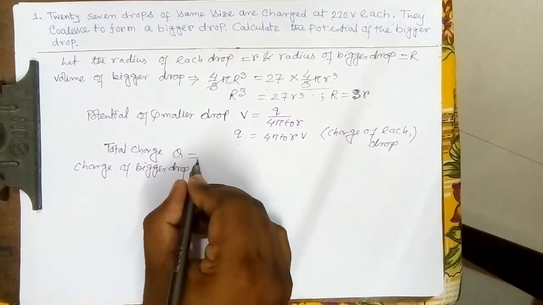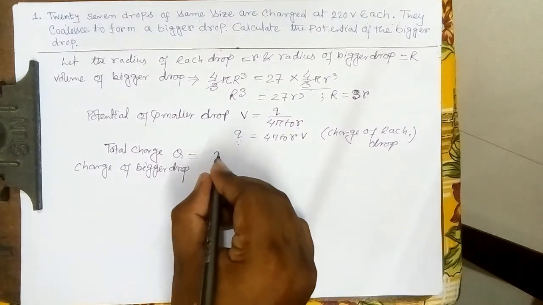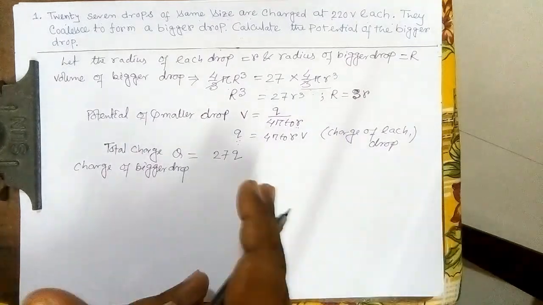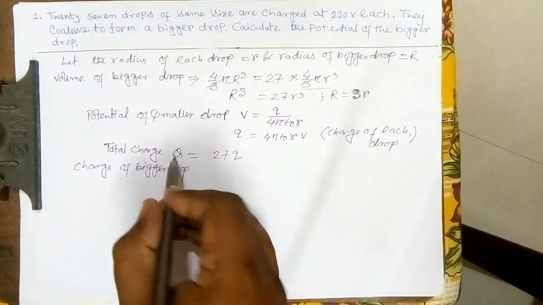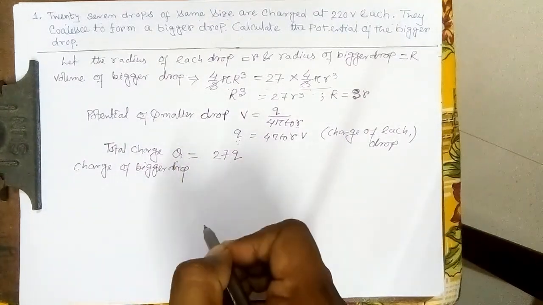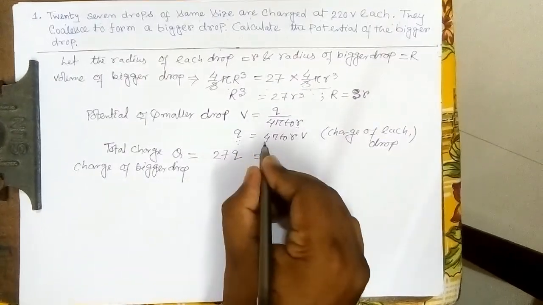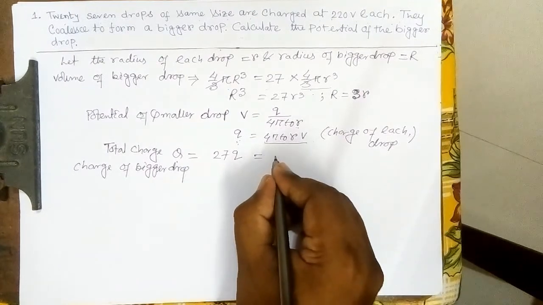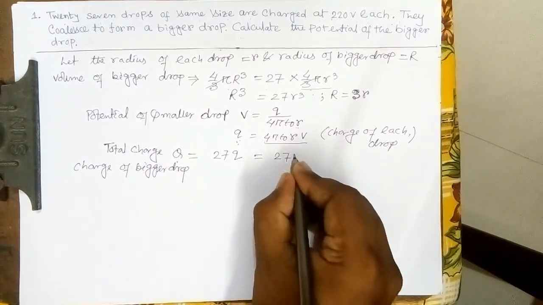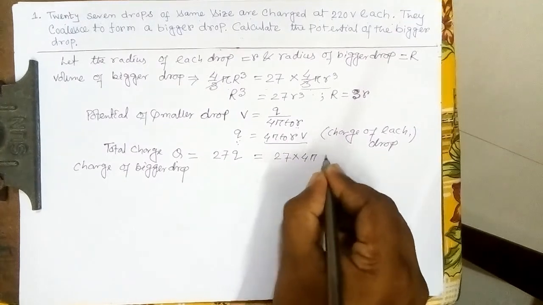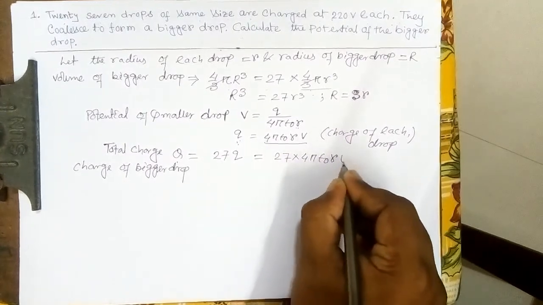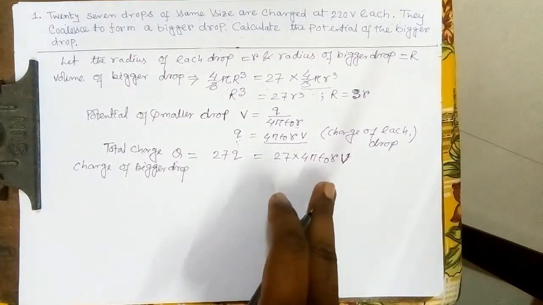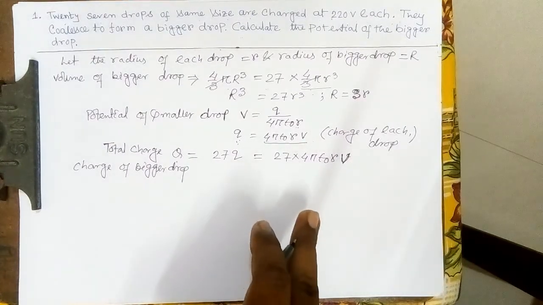That should be 27 into small q, because 27 small charges coalesce and form the capital charge Q. So capital Q equals 27 into small q, and from here Q equals 4 pi epsilon naught r V. So we can write 27 into 4 pi epsilon naught r into V.